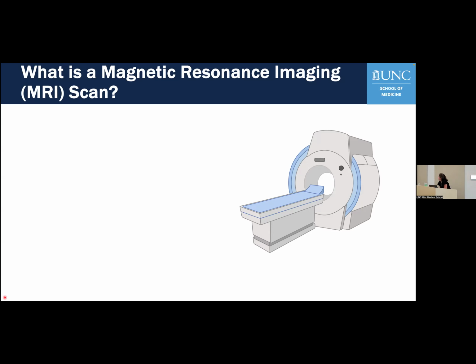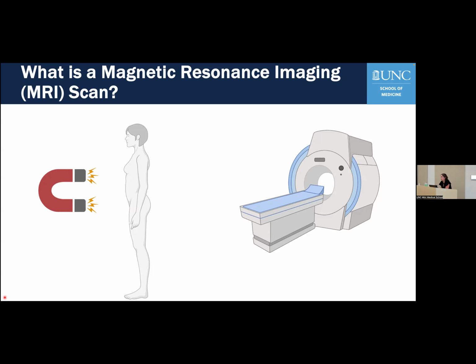But MRI takes a very different approach from X-ray and CT, in that it uses magnets to take pictures of the body. Without going in deep into the physics, essentially the magnet aligns atoms in your body, and then you pulse a radio frequency pulse to mess up that alignment. And then the picture is basically just the energy released as that alignment relaxes back to where it was.